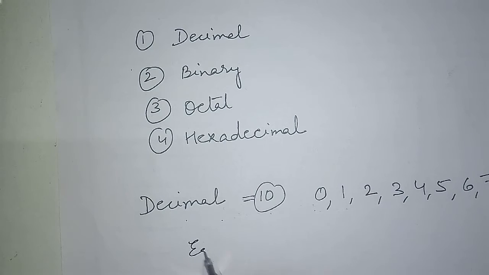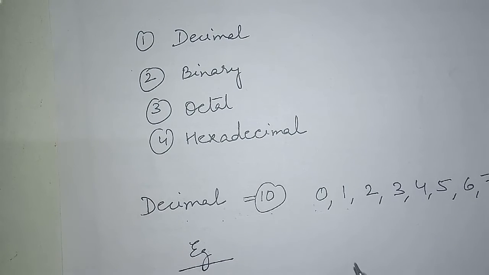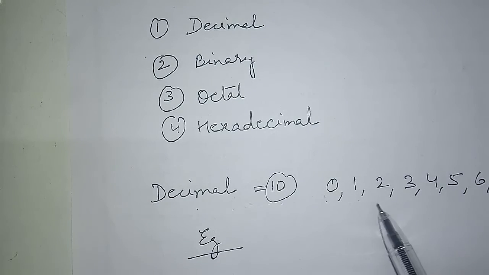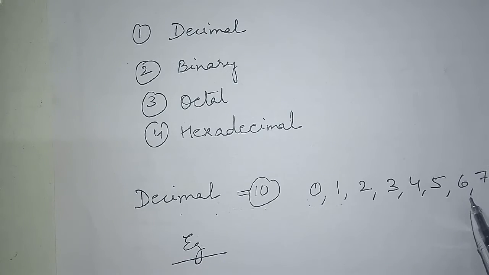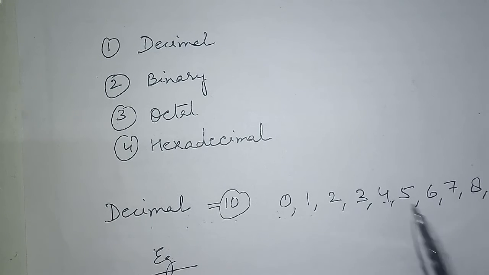For example, if we have to represent a number in the decimal number system, we just write the number using any of the digits which are the symbols of this number system. Let's pick the numbers 4 and 8 to make the number 48.